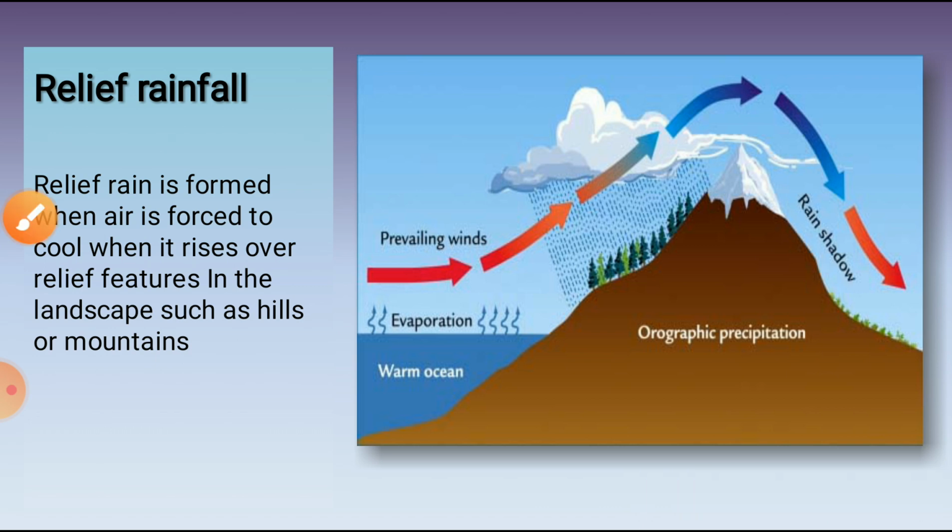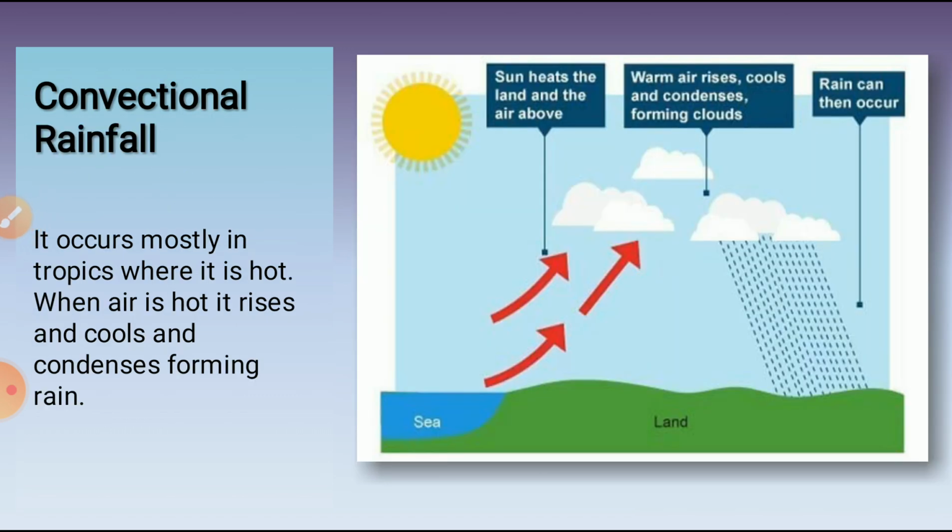Now let us move to the third type of rainfall, that is convectional rainfall. Convectional rainfall occurs when the energy of the sun heats the earth's surface and causes water to evaporate, that means turning from liquid into vapor.